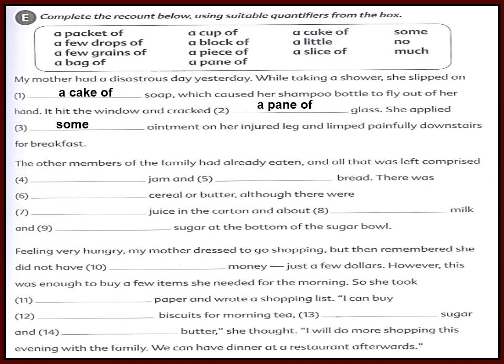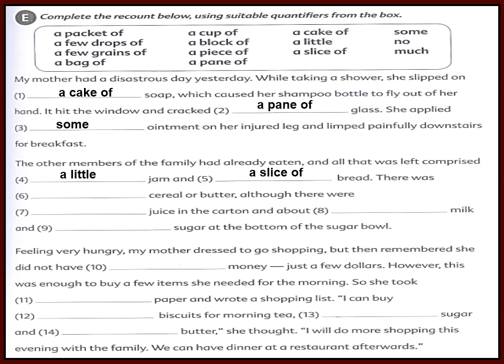The other members of the family had already eaten, and all that was left comprised dash jam, a little jam. It means all of the family members had eaten their breakfast. That's why there was a little jam and a slice of bread.